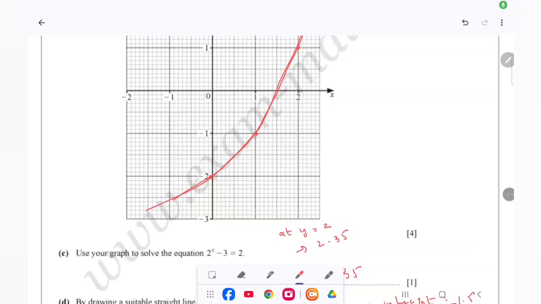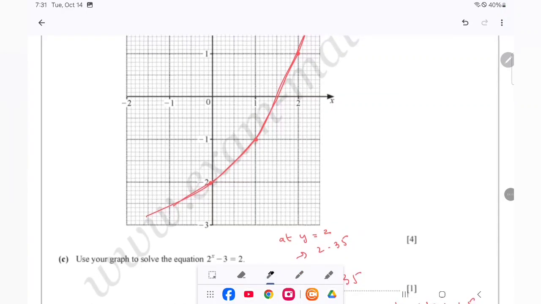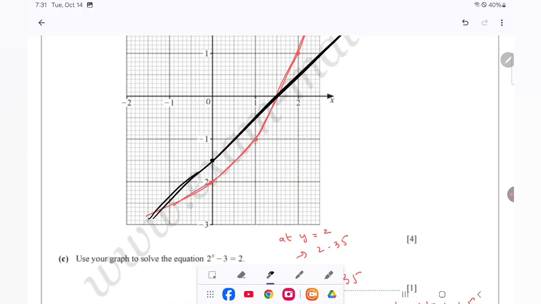From the straight line, the y-intercept we know is negative 1.5, somewhere here. So the straight line would be this.